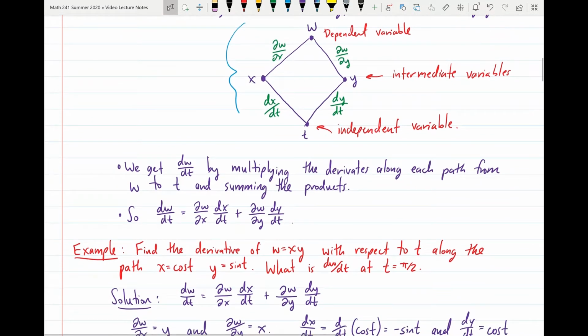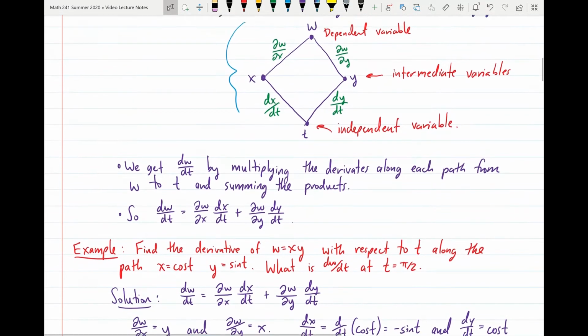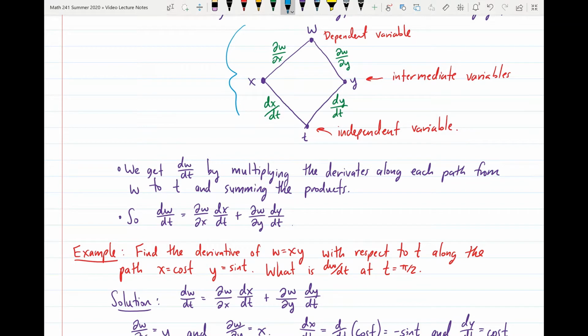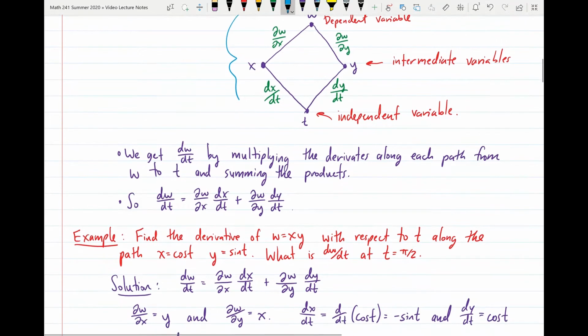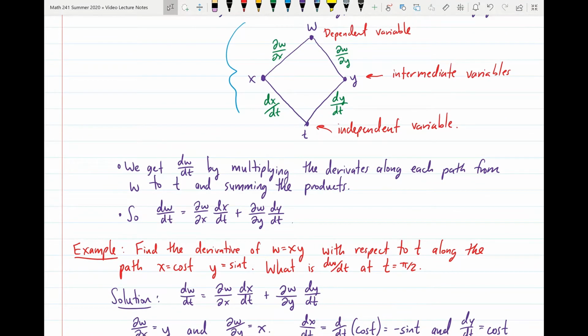And once we have a branch diagram, then we can get the derivative of w with respect to t by multiplying the derivatives along each path from w to t and summing the products. So let's make that a little bit more explicit. In this case, with our branch diagram, we have the derivative of w with respect to t is equal to, and we're going to start going down the path to the left here.